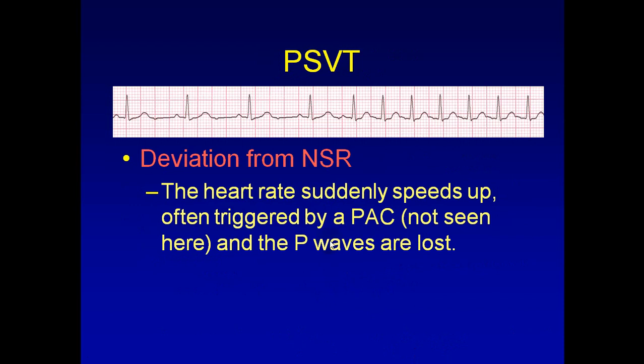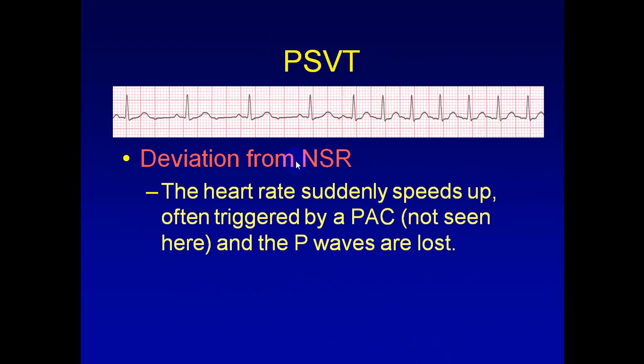The heart rate suddenly speeds up, often triggered by a premature atrial contraction, not seen in this ECG, and the P waves are usually lost. So it's not a normal sinus rhythm. As we said, every deviation from normal sinus rhythm is called arrhythmia or dysrhythmia. Paroxysmal means it comes in paroxysms, usually initiated by an ectopic.